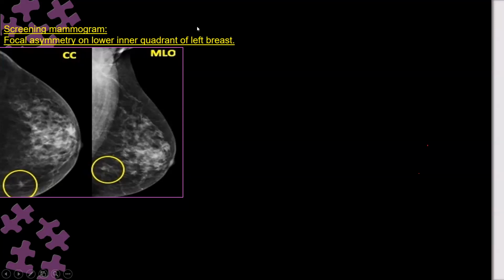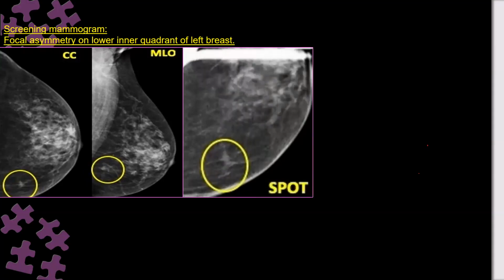So what is next? Ultrasound. Okay, before ultrasound, spot magnification. So how does the spot magnification help us? Speculated. First of all, it persists.